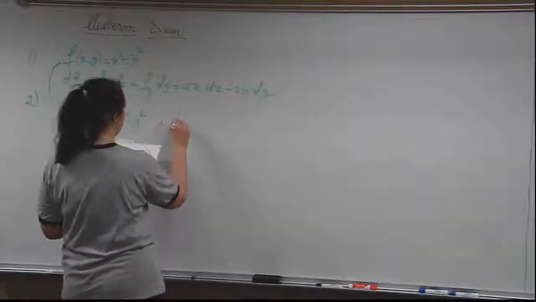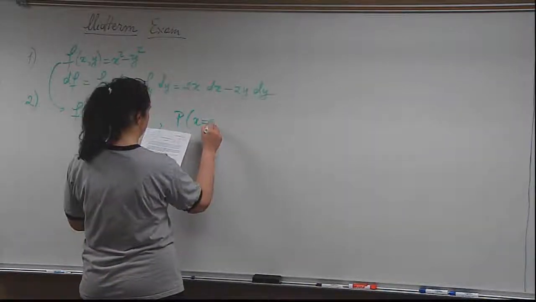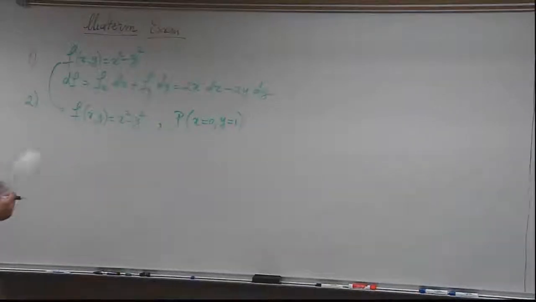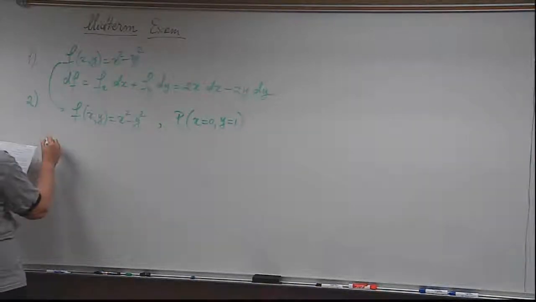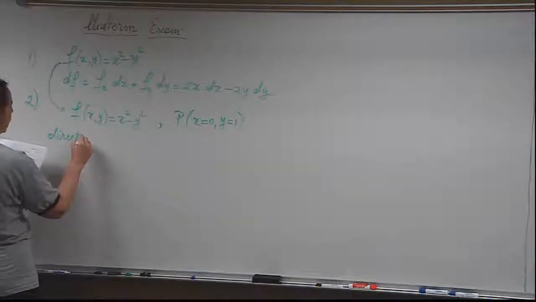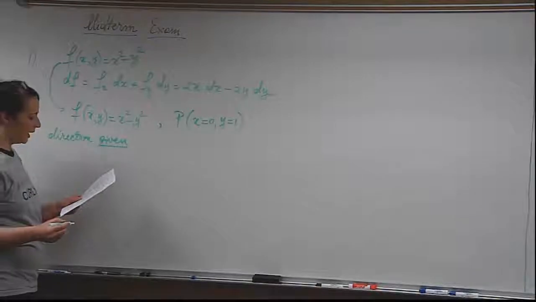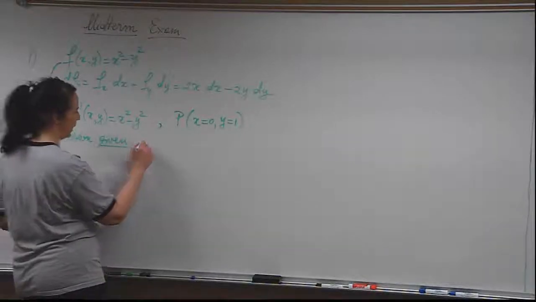At the point P with coordinates x equals 0, y equals 1, you have a direction given by the vector. What does it mean, direction given by the vector?